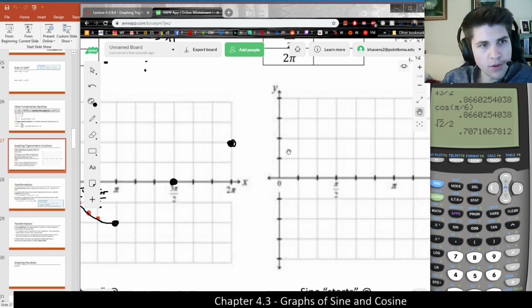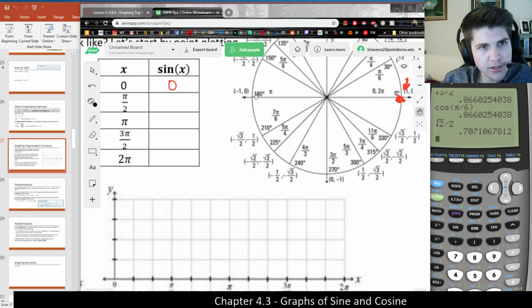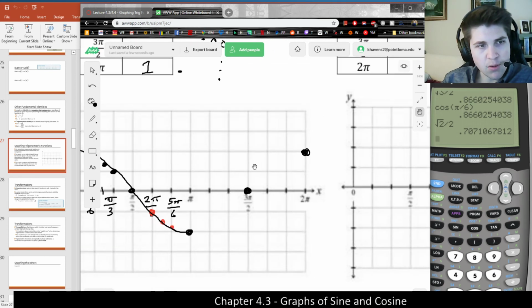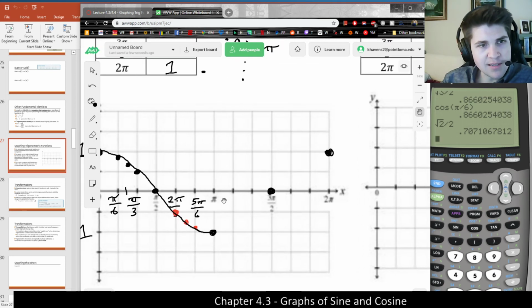As we then move into quadrant 3, from pi to 3 pi over 2, we'll see that cosine is going to go to negative root 3 over 2, negative root 2 over 2, negative 1/2, which is again those same numbers in the opposite order, going backwards. Also notice that as we continue, this will be 7 pi over 6, 8 pi over 6, 9 pi over 6, 10 pi over 6, 11 pi over 6, and finally 12 pi over 6 as we finish and get all the way to the end of the unit circle.